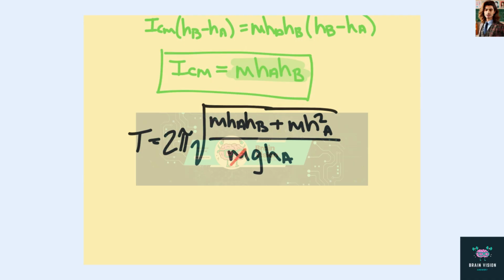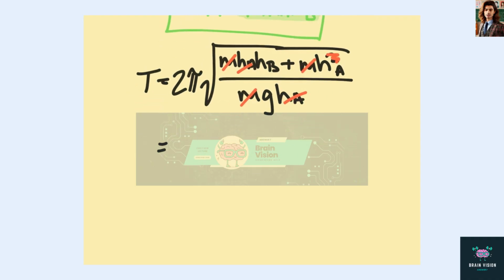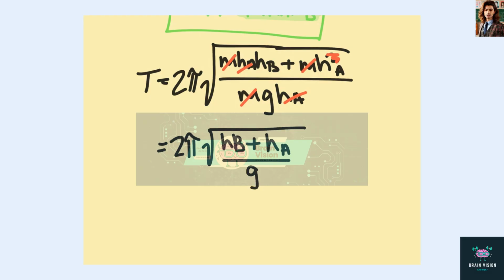My mass divides out from all of it, and an HA is able to divide out. So my resulting equation comes out to be 2 pi times the square root of (HB plus HA) all over G.